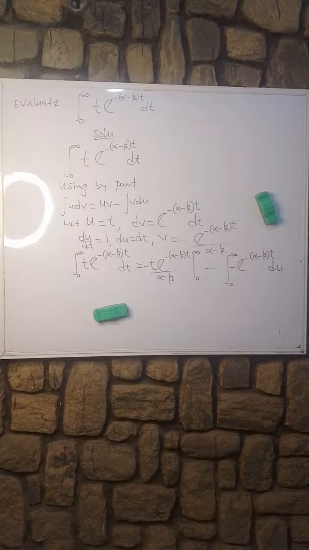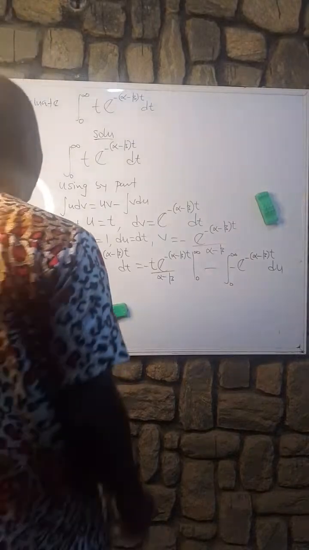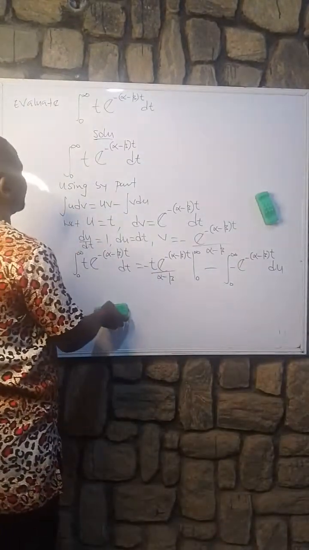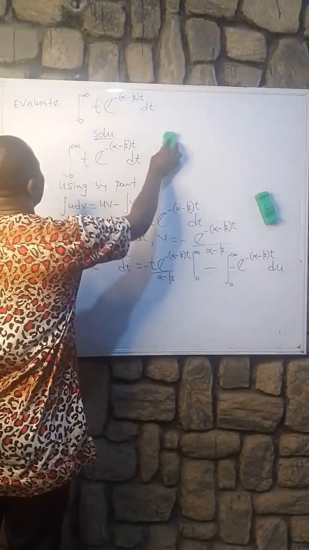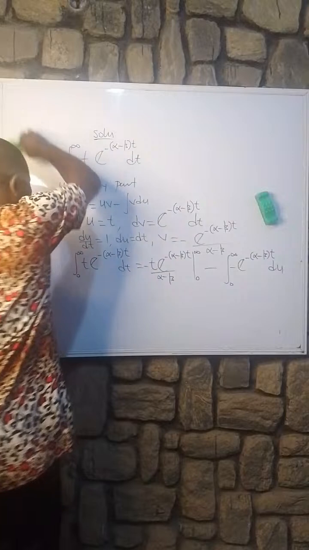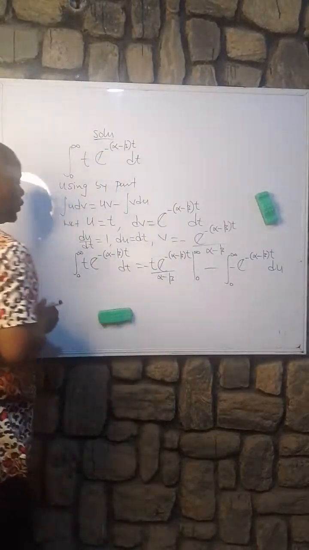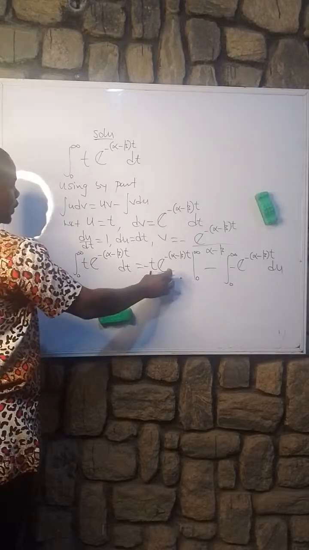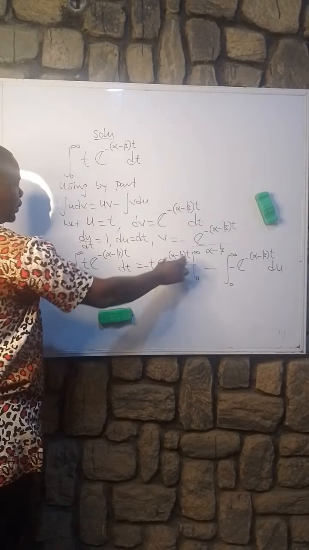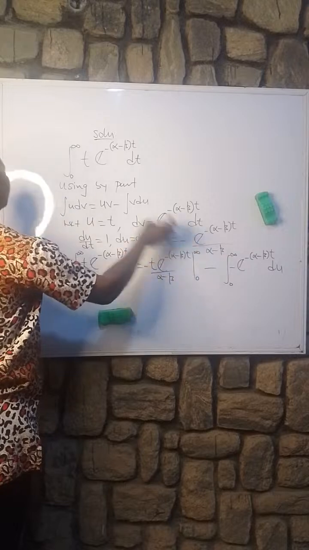Okay. So now what we need to do here is substitute. Anywhere we see t, we substitute in infinity.